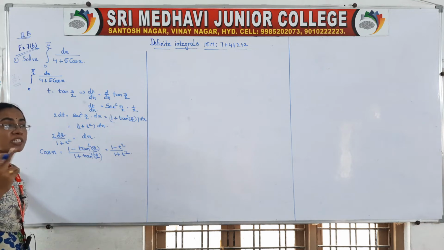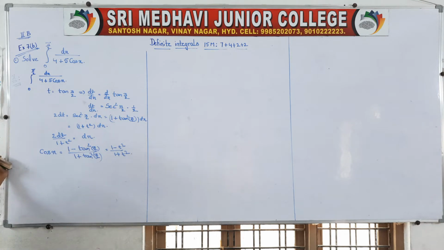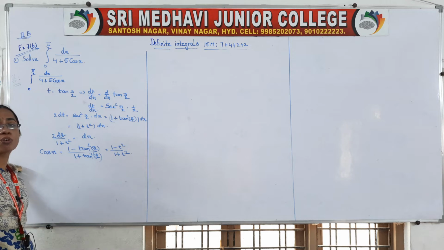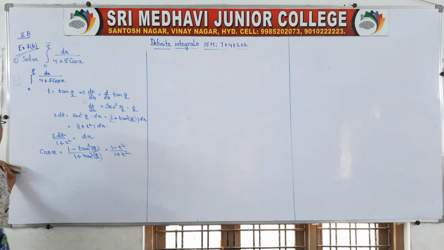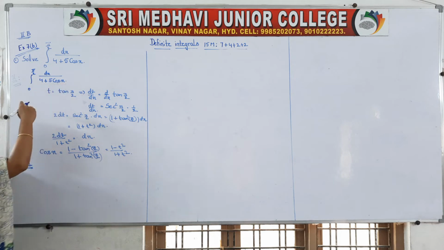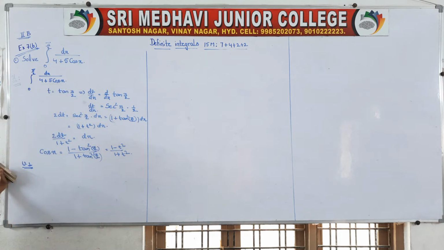As I said in previous exercise problems, whenever we take a substitution, t is equal to something, we have to change the limits also in terms of t. Generally the problem is in terms of x, so the limits are in terms of x; now we convert the limits in terms of t.